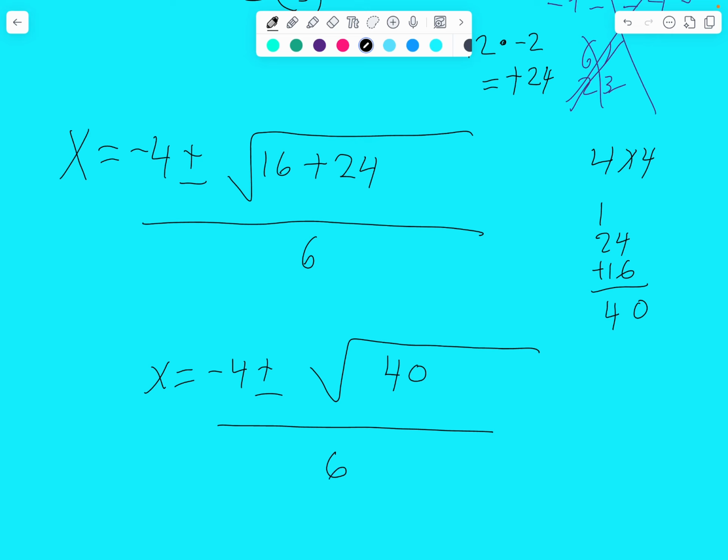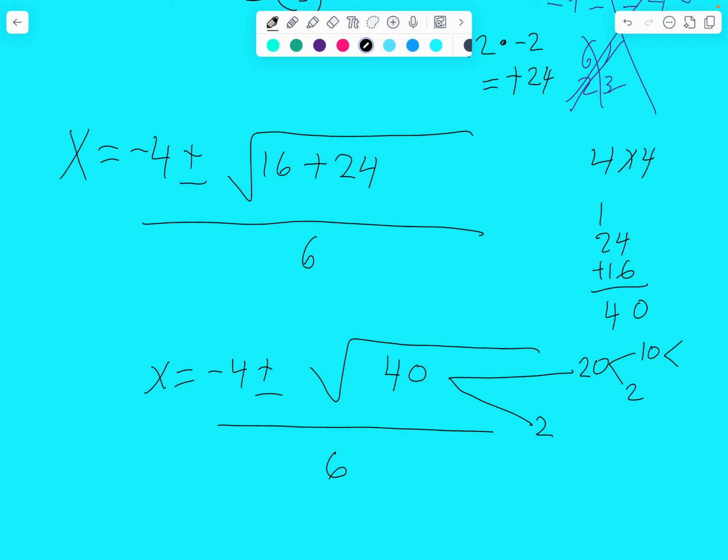Okay. Now, to take the square root of 40, I'm going to say to myself, what times what gives me 40? I know that would be 20 and 2. That's one way of doing it. And then I'm going to say, okay, what makes up 20? I know that would be 10 and 2 or 5 and 4.